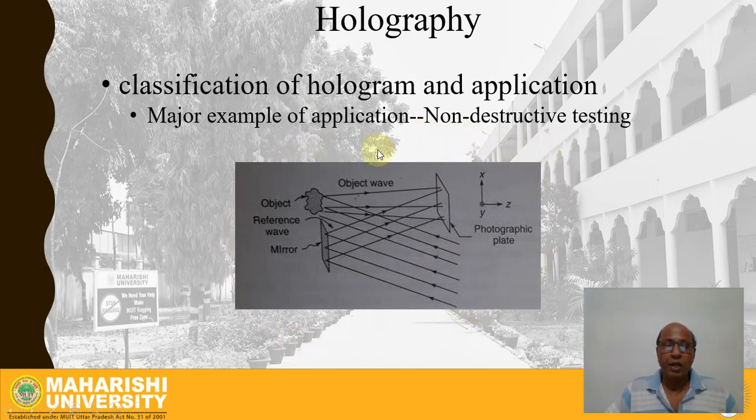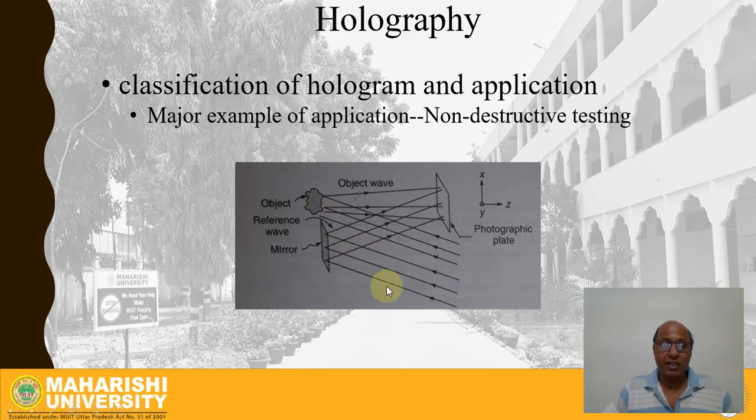I will just recall what we know about holography: on a recording plate, the image of the object is captured in terms of intensity in the x and y direction, whereas a reference wave of the same wavelength of light is coming from the object. That means the wave coming from this object and the wave coming from this reference are the same. They are coherent.